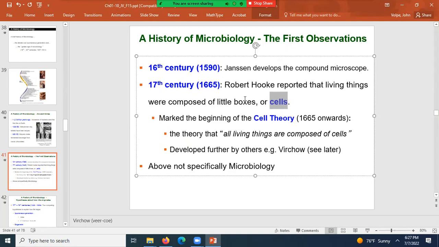Now, when Robert Hooke first saw cells in a plant cell, he found cells in plants, but he did not find cells in animals. And why do you think Robert Hooke did not find cells in animals?